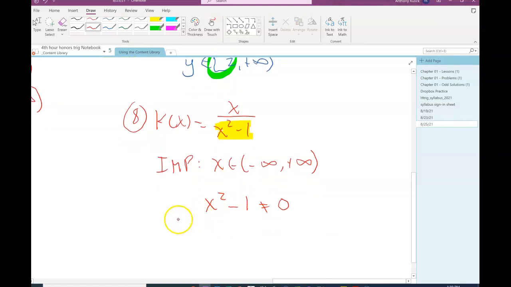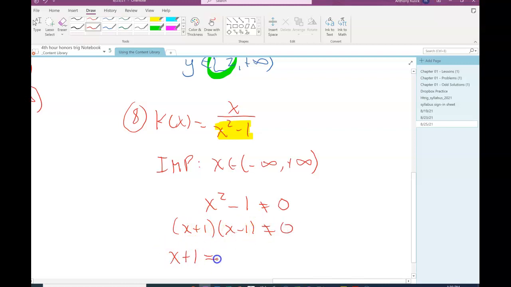I notice x squared minus 1 is a quadratic equation. There are a couple of different ways you could solve a quadratic equation. You could use the quadratic formula, you could solve this directly, or you could use factoring. All of those are reasonable in this case. I would factor it because I recognize it quickly as a difference of two squares, so I know exactly how to factor it: x plus 1, x minus 1.